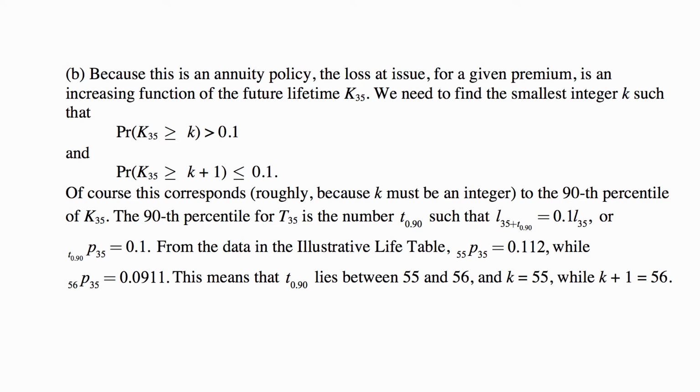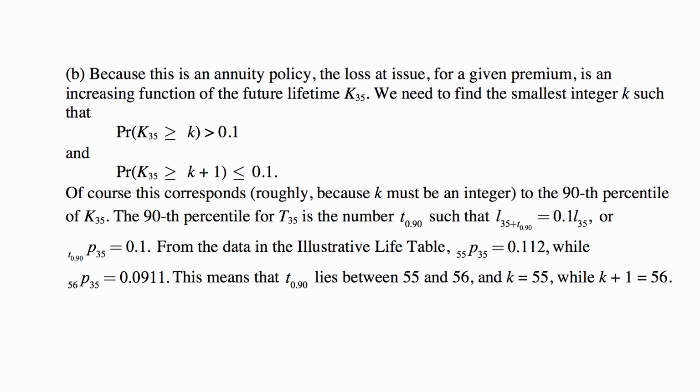t.90 p35 is 0.1. From the data in the illustrative life table, we can determine that 55 p35 is 0.112, and you do this by simply taking the ratio of population sizes for age 90 and age 35.